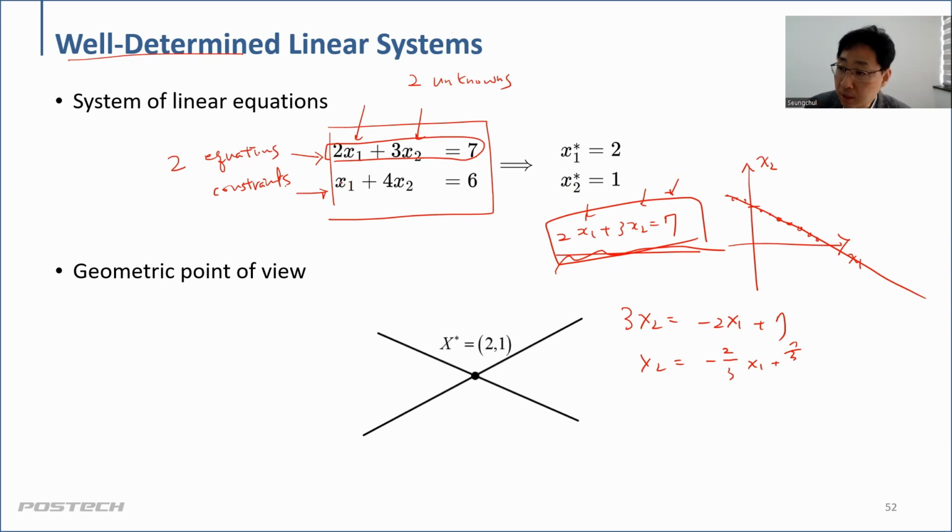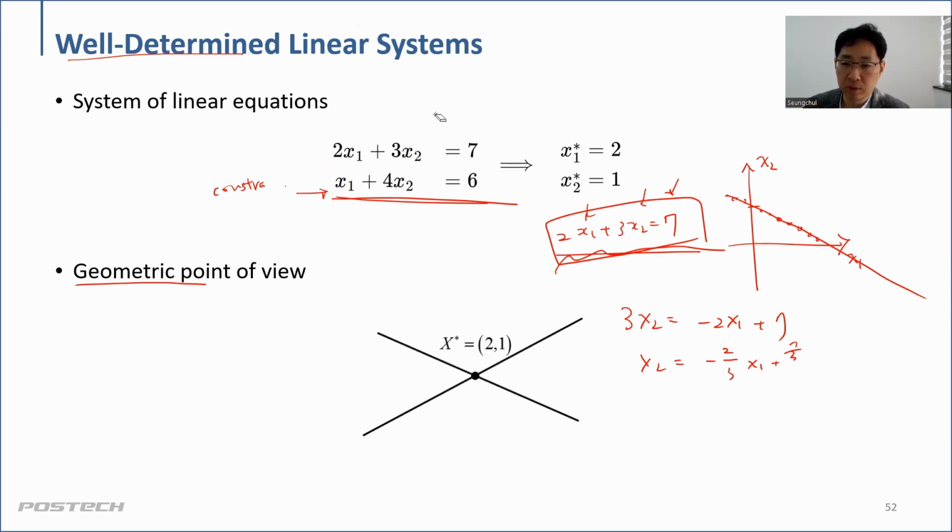And we can repeat the same thing here. There's another equation. From the geometric point of view, that's really important, and just forget about how to find the solutions. Two unknowns in two-dimensional space, you have two equations.